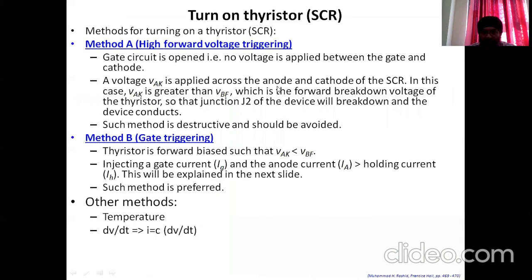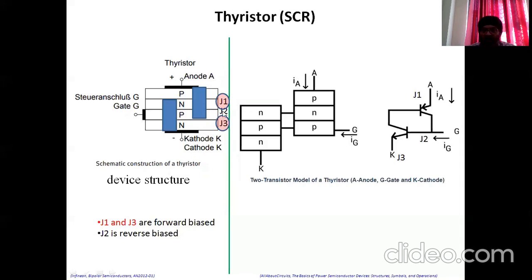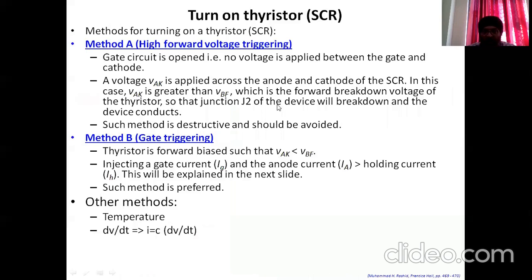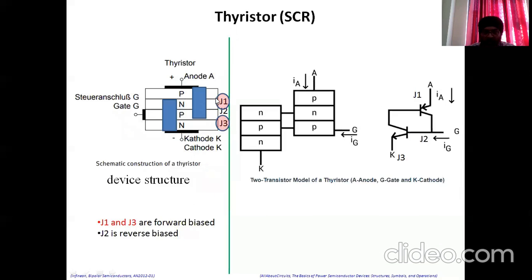Method A first. When J1 and J3 are forward biased, J2 is reverse biased. If we increase the anode to cathode voltage, J1 is already forward biased, J3 is also already forward biased. If we keep on increasing the forward voltage, anode is made more positive compared to cathode.